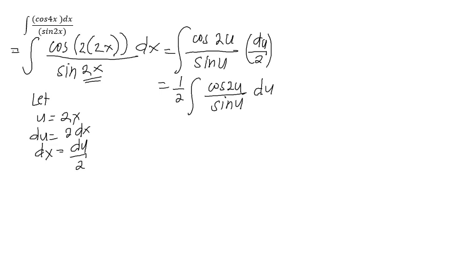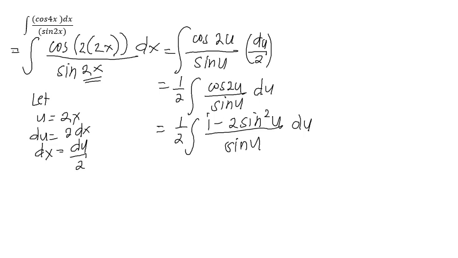With this equation here, we could manipulate cos 2u, which has a lot of trigonometric identities. The one that will suit our equation is the one with cos 2u in terms of sine. So this is now equal to 1/2 integration of 1 minus 2 sine squared u, right, all over sine u du.